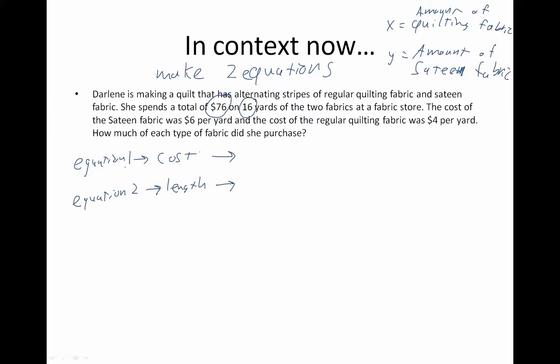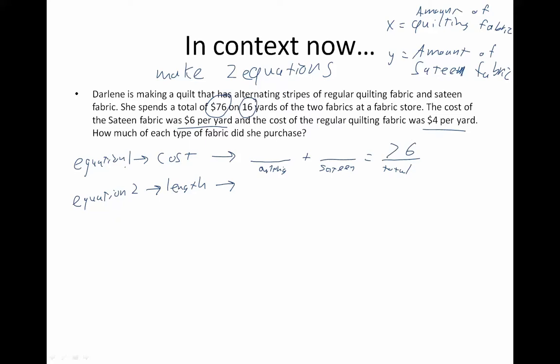Anyway, we want to make a cost function here. So we know that the sateen fabric was $6 per yard and the quilting fabric was $4 per yard. So if we take the amount that she spent on the quilting fabric and we add it to the amount that she spent on the sateen fabric, we would get the total that she spent. So we know that total is 76.